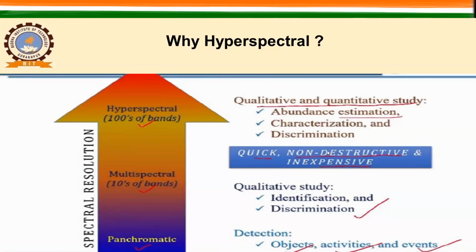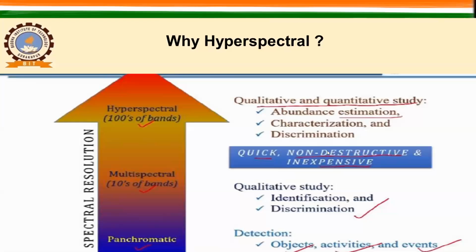Now there is one more very unique advantage we have with hyperspectral remote sensing, that is, it is a quick, non-destructive, and inexpensive technique. Because if you are using space-borne hyperspectral sensor data, then the expense will be very low because it is for the whole world. It is quick and non-destructive. Why? Because you are not going to disturb the sample or the target.